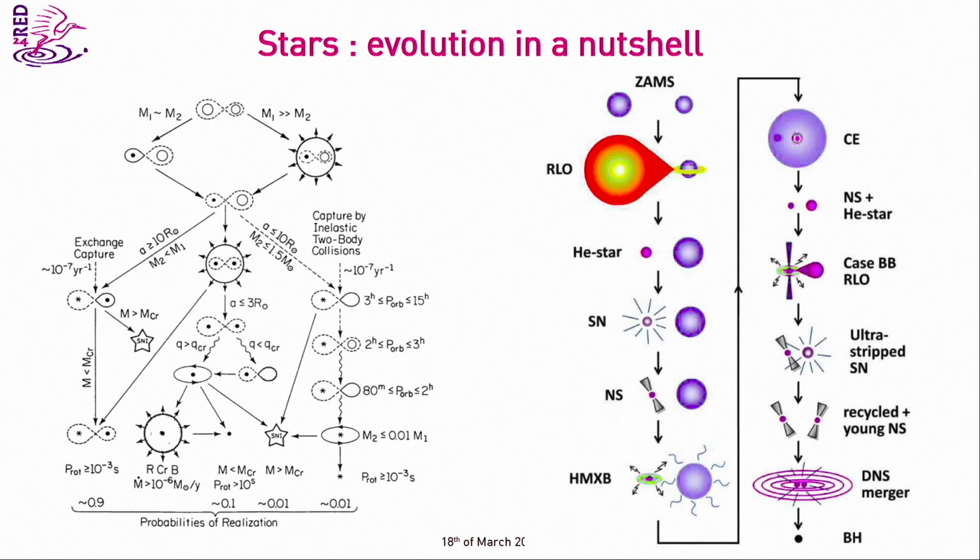So this leads to the expulsion, or you get rid of the envelope, whatever. Then you have a neutron star, and again, you have the same thing as you did here, but with compact objects. And you have a recycled neutron star, and they will fuse eventually, and this is a gravitational wave event that you will observe. Okay?